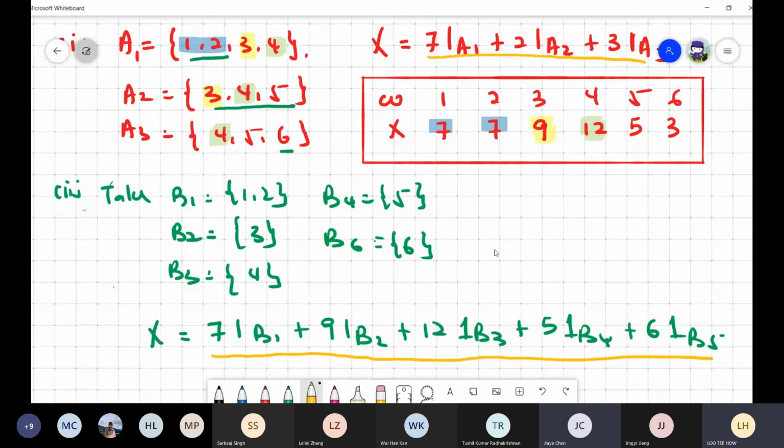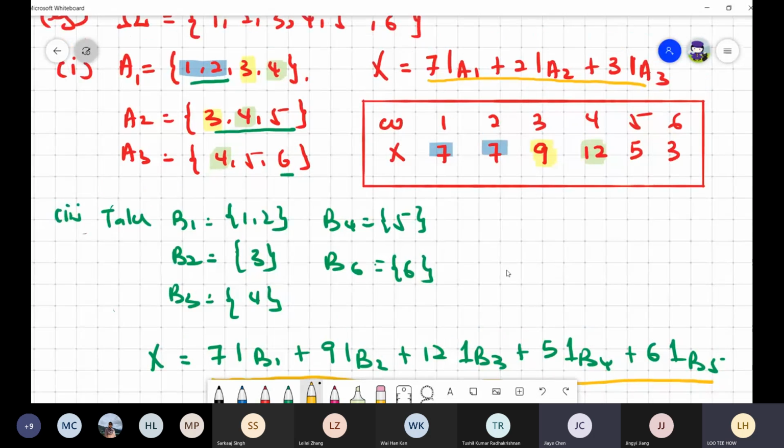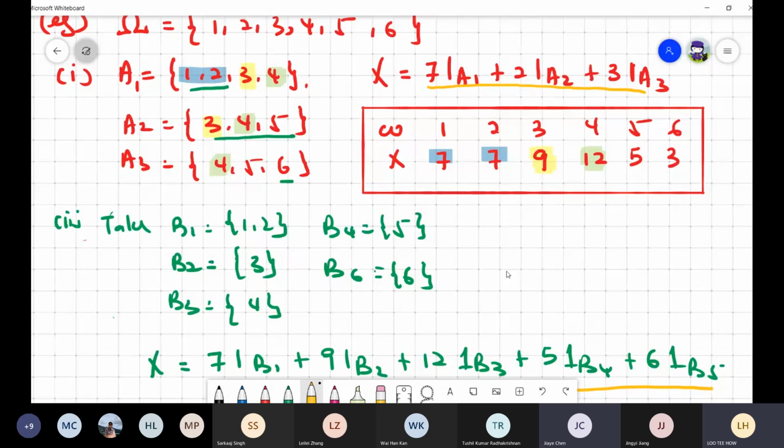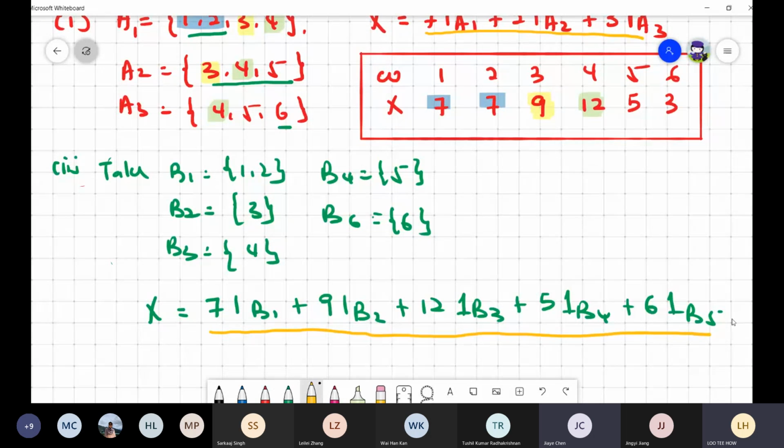Okay, so the only difference will be the first representation we are referring to a non-disjoint set, but for the second representation, it corresponds to a partition, a disjoint set. Okay, so we can always rewrite it in terms of the disjoint partition, a representation corresponding to a partition. That's the way.